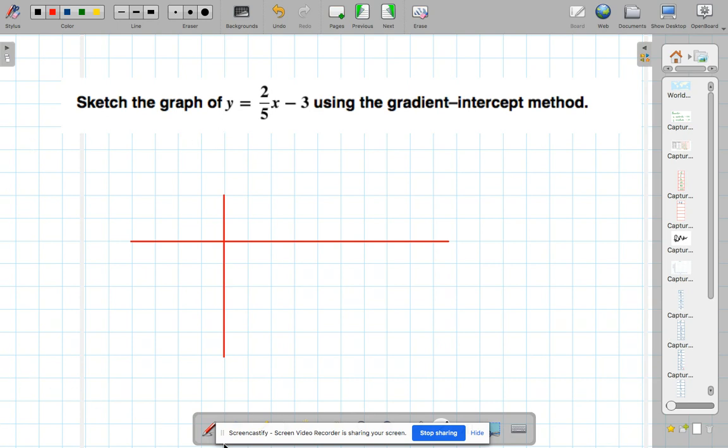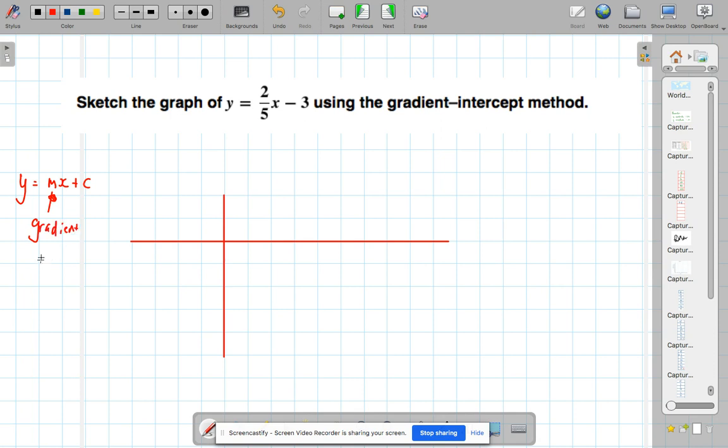First of all, if you've got a linear function in the form y equals something x plus or minus c, the number in front of the x we call the coefficient of x. That is the gradient of the graph.